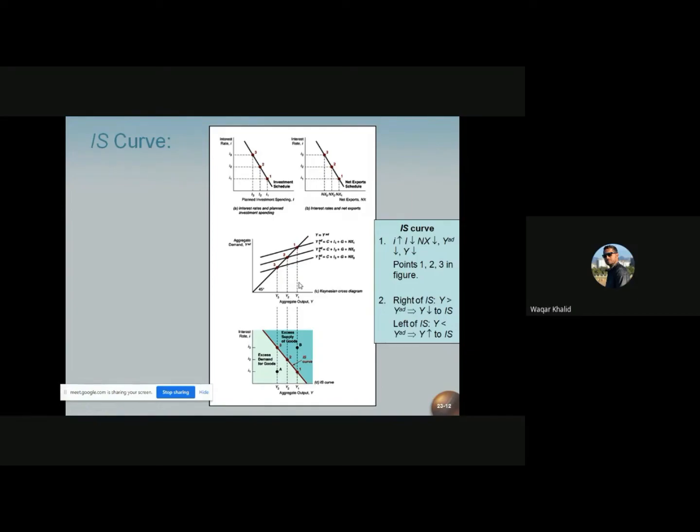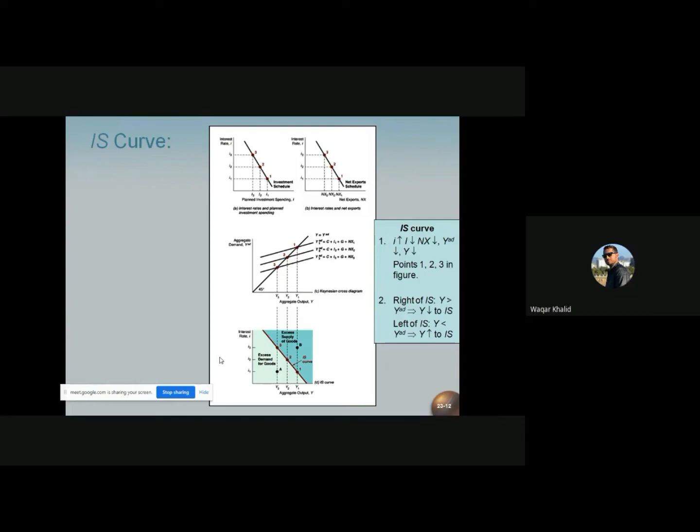What is the conclusion? If with the increase in the interest rate, both the planned investment spending and net exports are decreasing, it will also decrease the aggregate level of demand. And if the aggregate level of demand is decreasing, finally, it will negatively affect the level of aggregate output.